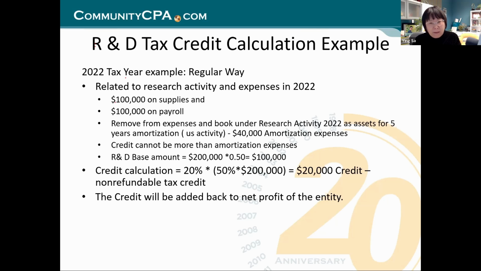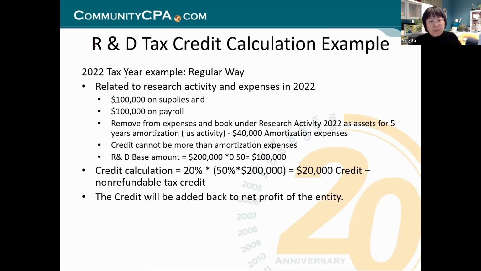It's not apple to apple. And I just feel like a lot of those rules are very confusing because they make people think they're doing this apple to apple comparison. No, just separate them in thinking. 40,000 goes back to expense, and your tax credit has to be less than the 40,000. Of course, it's going to be less.